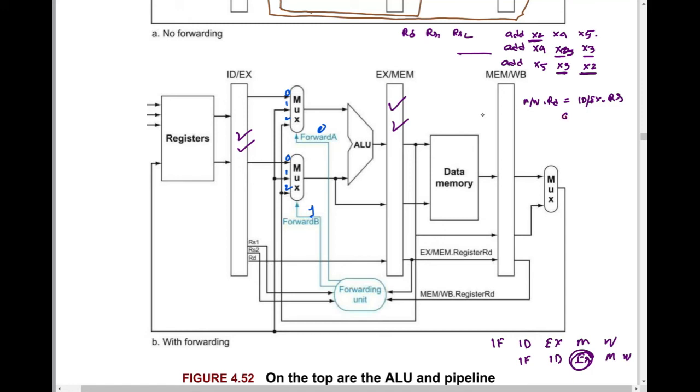Or if memory write back dot RD is equal to IDEX dot RS2, in that case forward B should be 1.